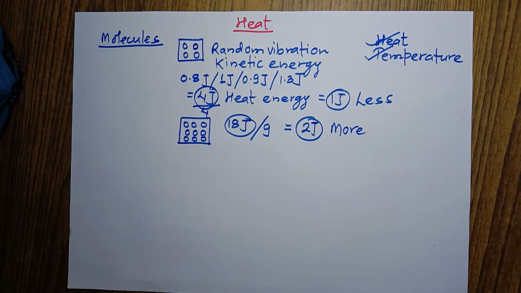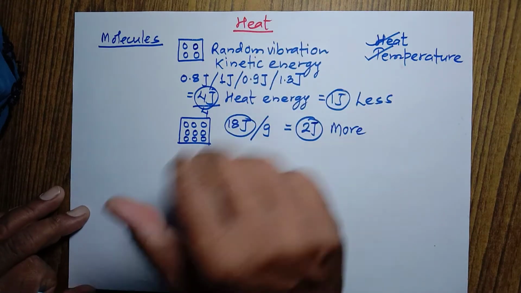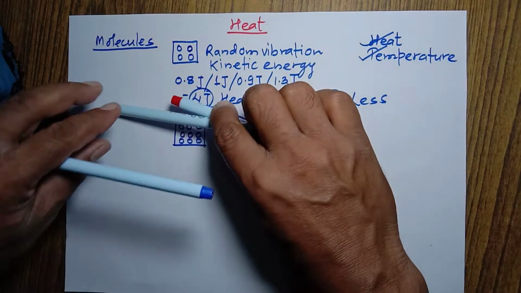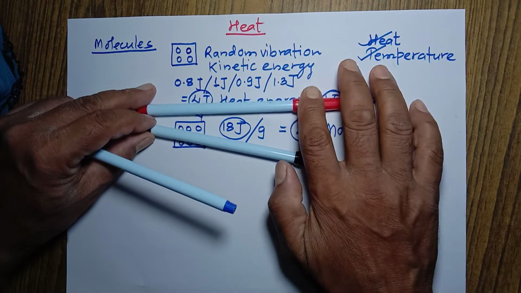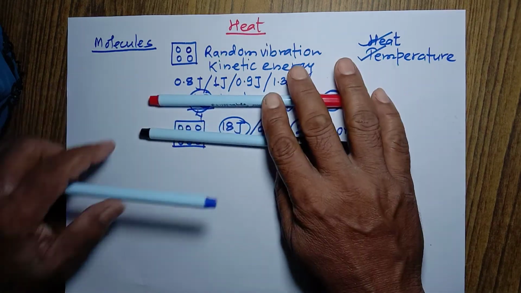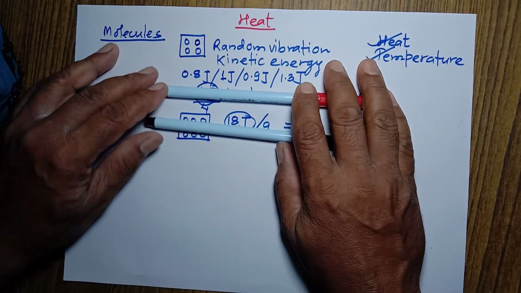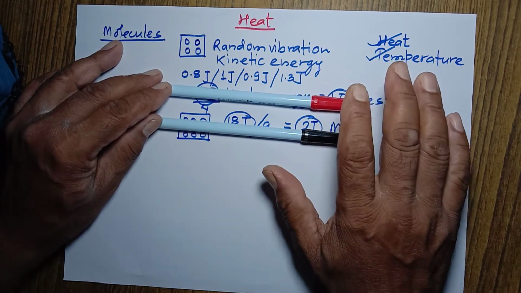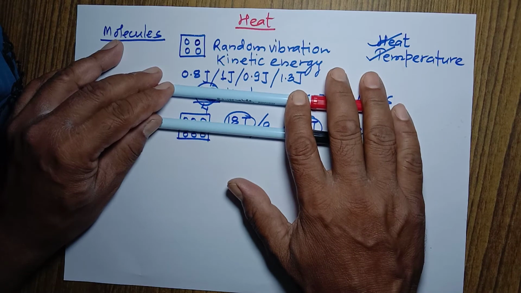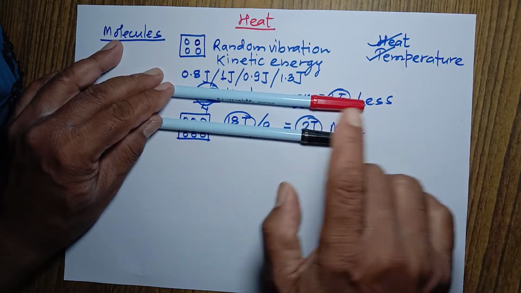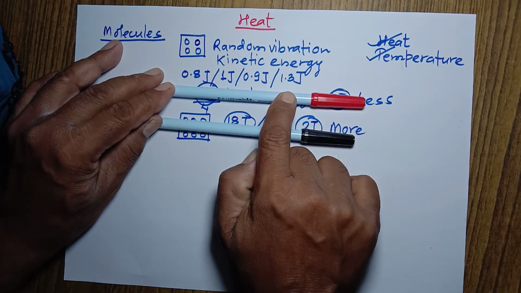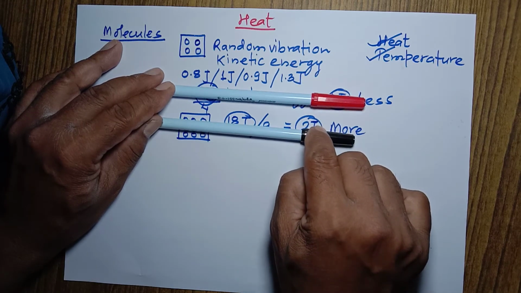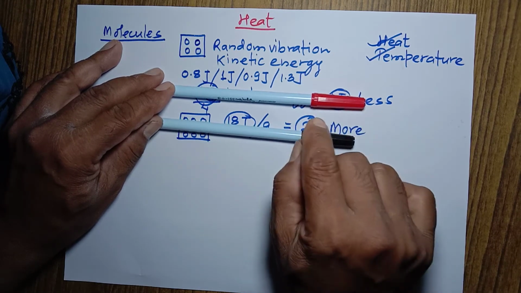Now temperature is understood in this way also. Sometimes we say the temperature of this red side pane is more, and this black side pane is less. What is the meaning of this saying? It indicates that the molecules of this red side pane are vibrating faster than the molecules of this black side pane.